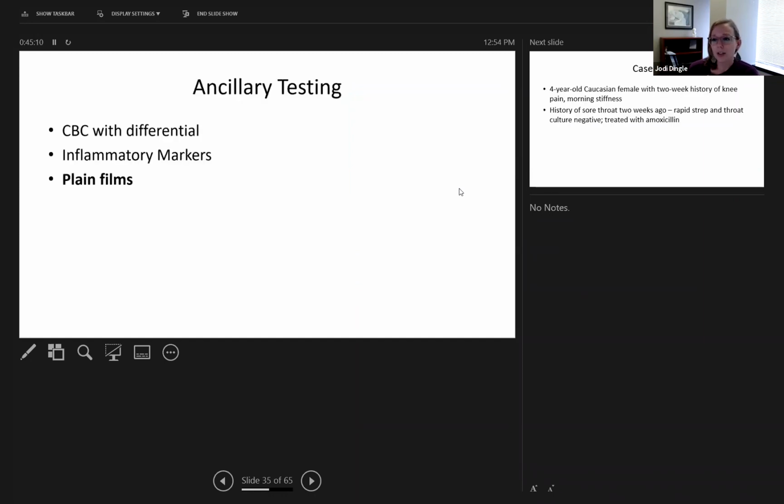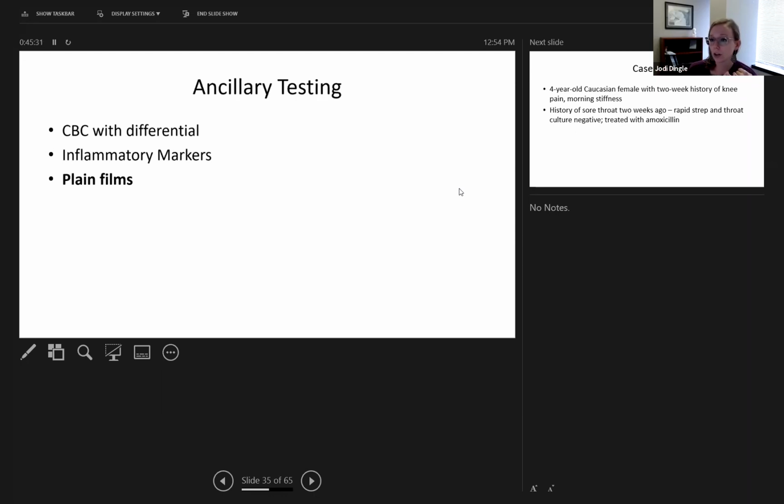All right. So one of the important distinctions you have to make, like I said earlier, is sick or not sick. And that's why in any kid with joint pain, pretty much, I'm going to at least get a CBC, inflammatory markers, and screen with plain films. There's so much that you can learn just by doing those things.